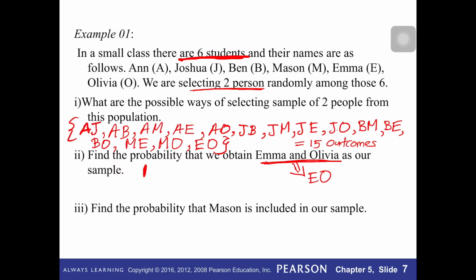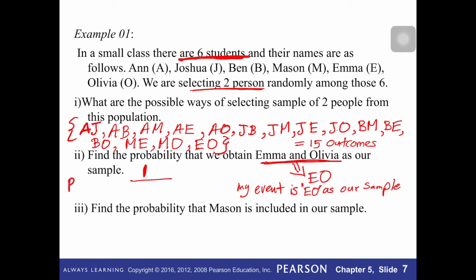So how do we calculate the probability? Frequency of our event. What is my event? Okay, I'll write it down here. My event is Emma and Olivia, I will write the shorthand E O, as our sample. Okay, this is my event.